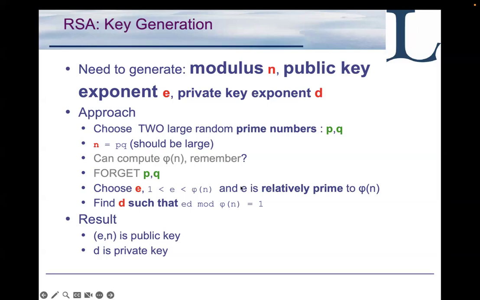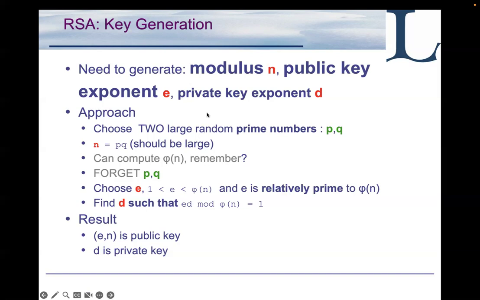So how do you do that? And here we come to the real essence of this computational complexity. That's what makes the algorithm very, very strong from the security perspective.